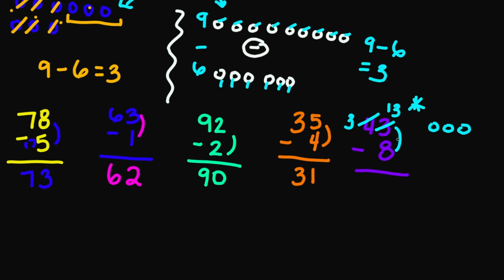So now you have 13 minus 8, and what is that going to give you? It'll give you 5, and then now you have 3 minus 0, that's going to be 3. So 43 minus 8 equals 35.